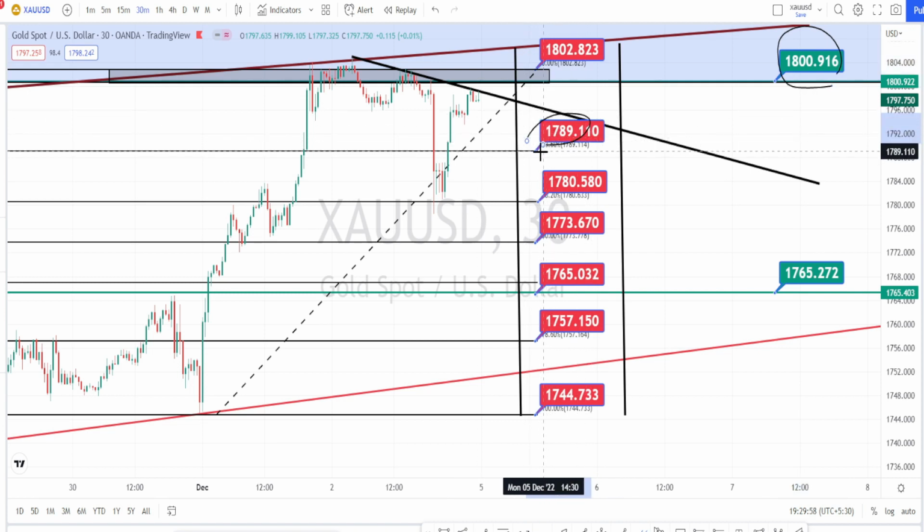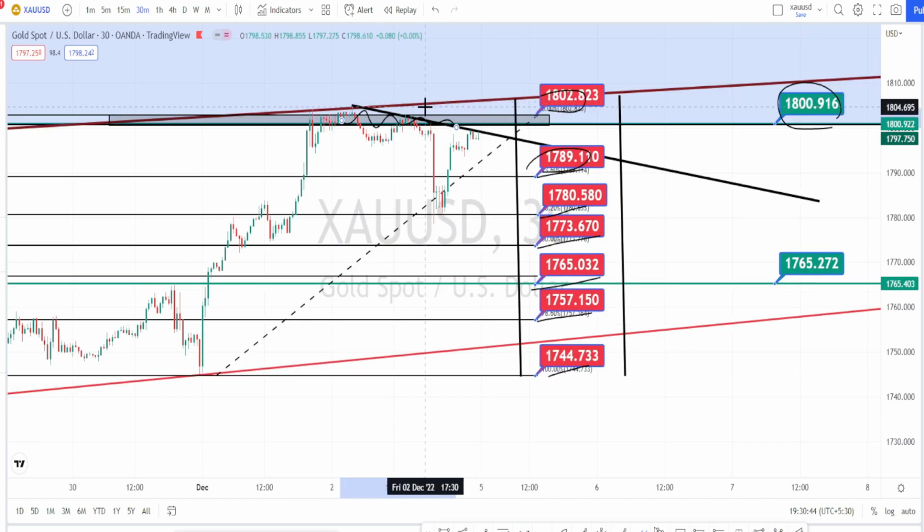And if the price action breaks the support level of 1789, next level of support is going to be 1780, 1773, 1765, 1757, 1744. And this area between 1802 to 1800 is a very strong resistance zone for the current price action in 30 minutes time frame.